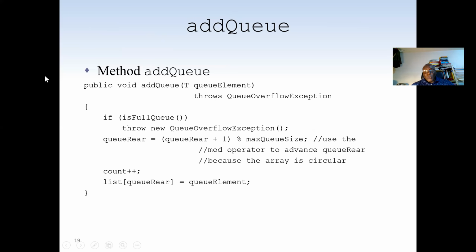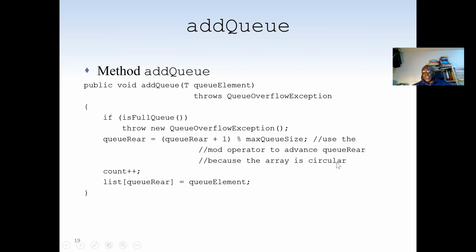So we can see the code here. First, we check if there's a space. Is it full queue? If it's true, then we throw our queue overflow exception. Then we get out of the add queue method. Otherwise, what we do, we increment, this is again a circular array. So to increment the queue rear, queue rear equals queue rear plus 1 modulus max queue size.